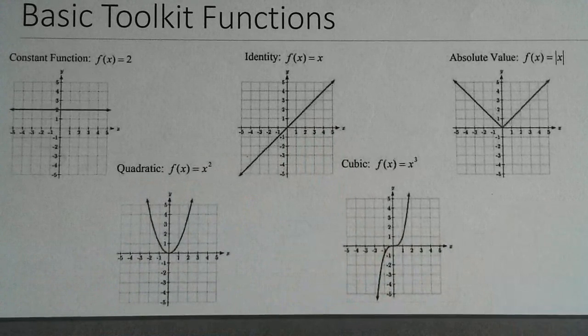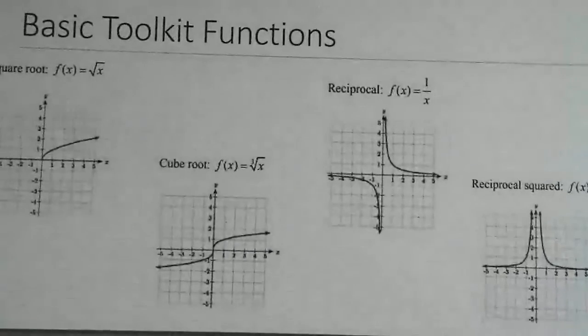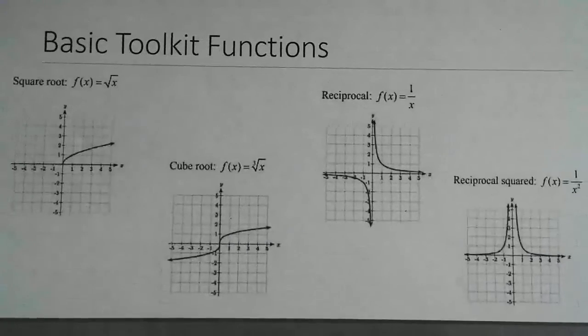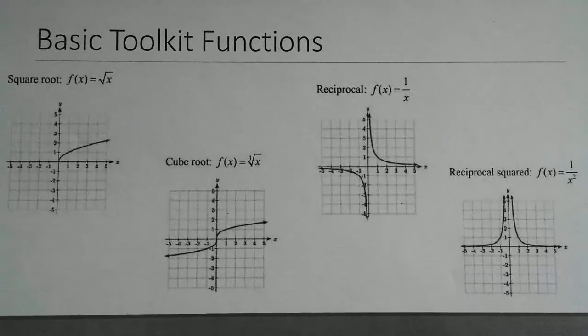We have the absolute value function, f of x equals the absolute value of x. That's the v shape. We have our quadratic function, f of x equals x squared. That's a parabola. We get our cubic function, f of x equals x cubed. And then there's 4 more. We have the square root function, f of x equals the square root of x.